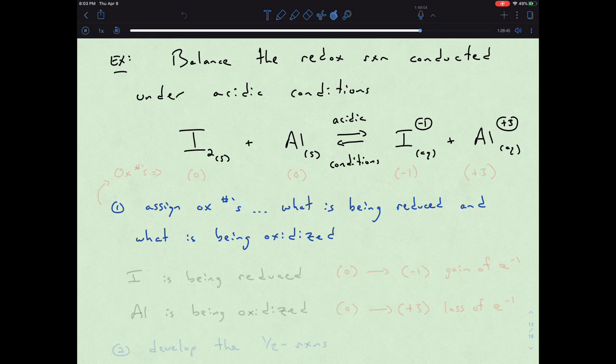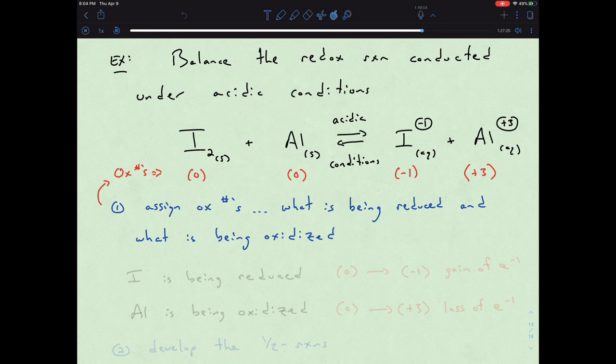So if we go up to the reaction and start to assign oxidation numbers, we would have a 0 for the iodine starting material as well as the aluminum starting material. The iodide on the product side, monoatomic and has that -1 charge, would have a -1 oxidation number. The aluminum, similar, it's monoatomic, has a +3 charge, so it has a +3 oxidation number.